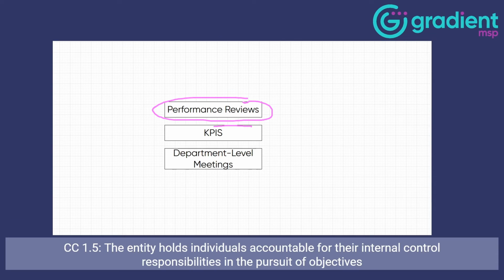KPIs are another thing to really think about, whether they're appropriate for meeting this requirement as an MSP, and let me explain that. It's very common to have KPIs in MSPs about things like how many tickets were closed, or how many hours were billed, or what was the average response time, or missed SLA time, or things like that. And while those might be important in your organization, they also might not be.